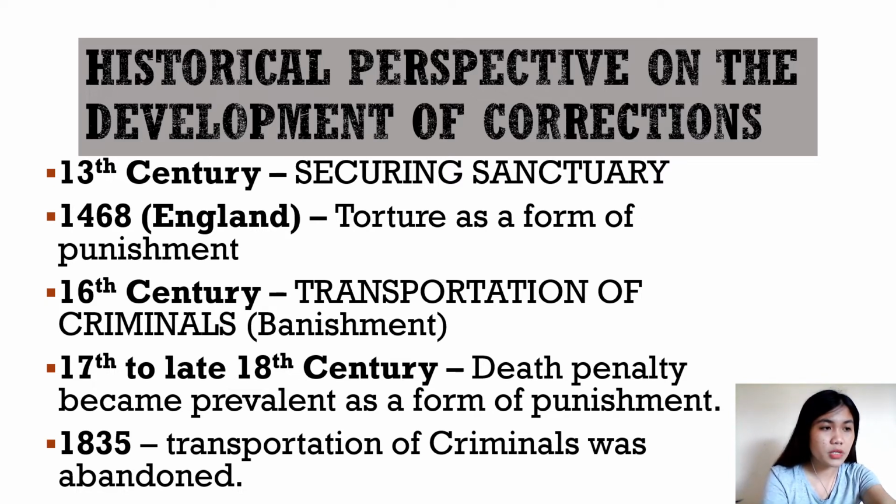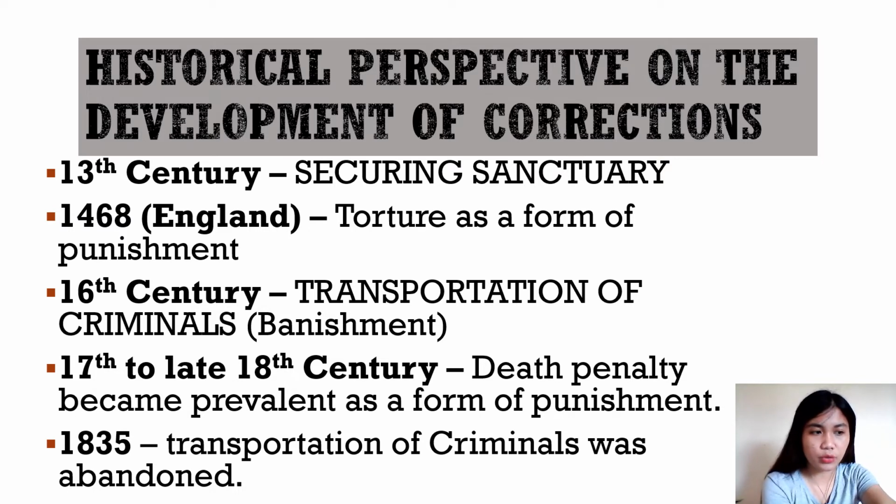We have beheading. We also have firing squad. We have stoning to death, burning at stake, being burned alive. And we also have garrote. What is garrote? It is a method of execution by the use of strangulation.